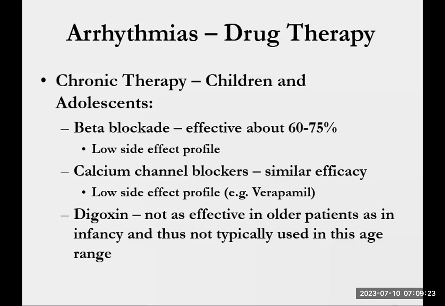When we're talking about older children, beta blockers are still used and are effective about 60 to 75% of the time, which isn't a particularly high efficacy, but because of the low side effect profile, they're commonly used at least as a first-line agent. And in most cases, in my experience, beta blockade is effective at minimum at reducing the number of episodes, or perhaps making them less fast, better tolerated.